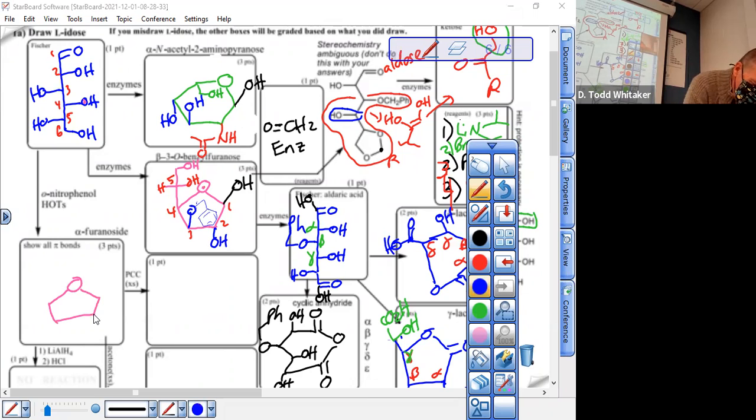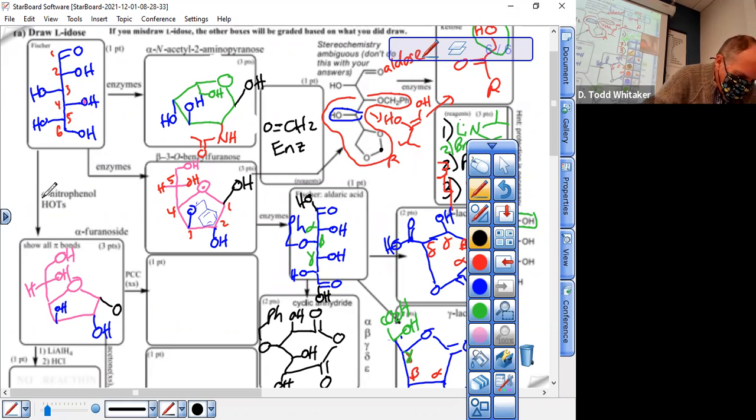Got your OH here. You got your normal OH there. Now if it's going to be alpha, it's got to be down because it's trans to C here.